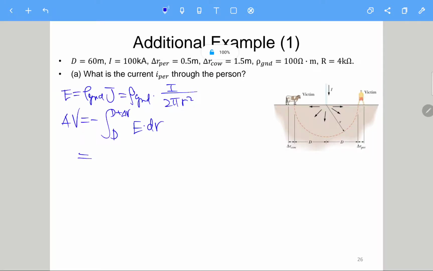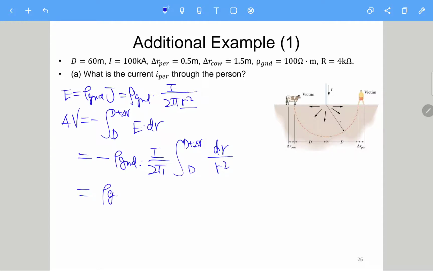Using this expression for E, we have minus rho gram, and then integrate I over 2 pi, from D to D plus delta R, of 1 over R squared dr. So it is nothing but rho gram I over 2 pi times 1 over R, because the integral of 1 over r squared is minus 1 over r, so that cancels this minus sign.